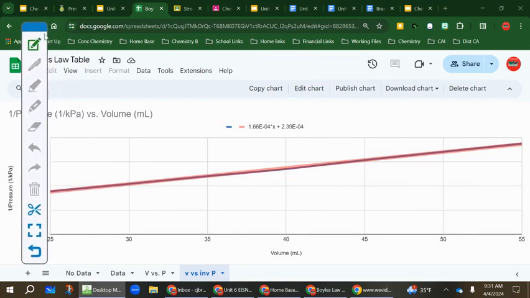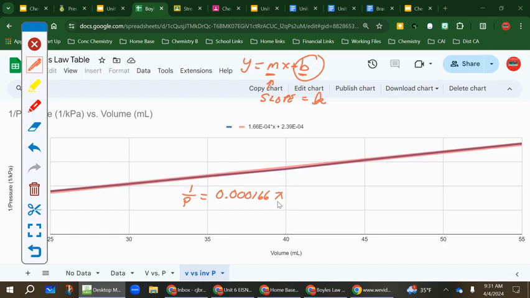Actually not pressure. It is what? 1 over pressure. It is 1 over pressure. So this line says 1 over pressure is equal to, now this is the number that we get, 0.000166 x. Now what actually is x?